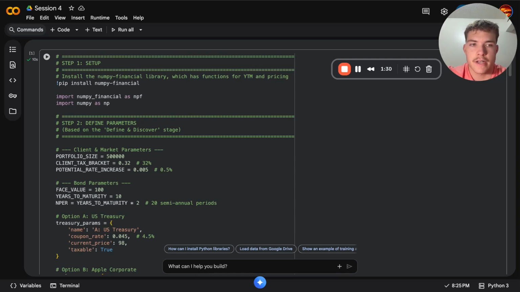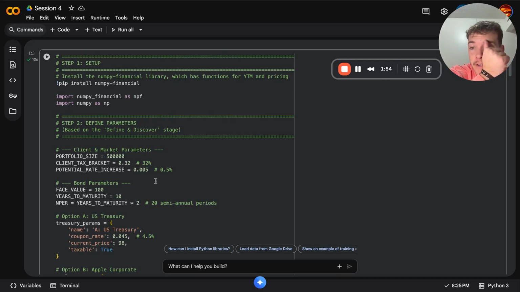Section two is where we define our parameters, encoding the client and market data, like the 32% tax bracket and the 0.5% forecasted rate increase.